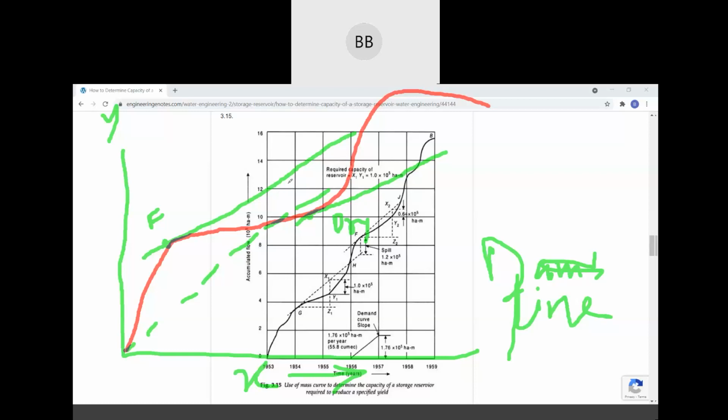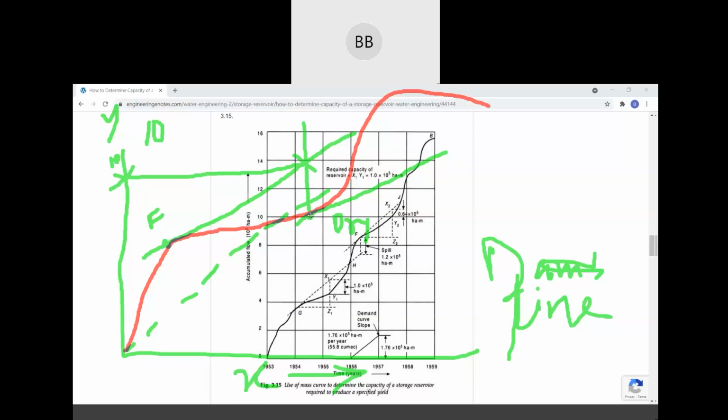Then you have to draw a straight line parallel to your y-axis from the dry point. It will intersect the tangent at a point; you have to identify the value of that point on the y-axis. Suppose 10, here is 10.